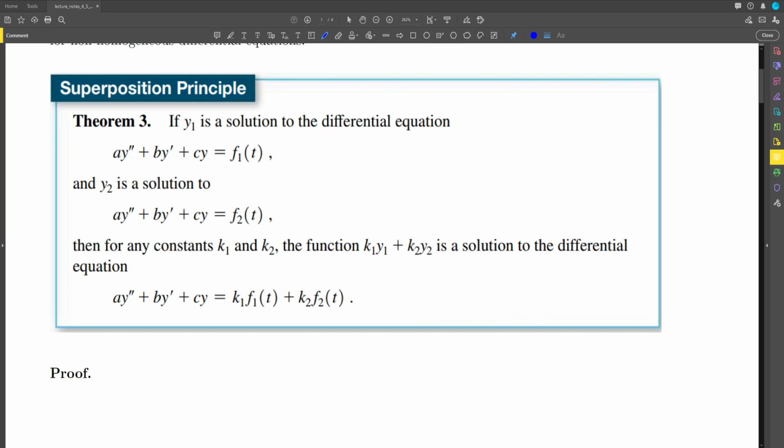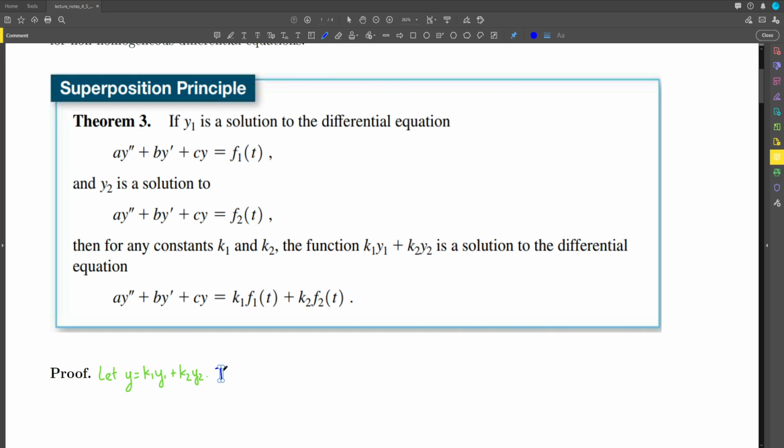So what we're going to do is let y equal k1 y1 plus k2 y2. And now what we need to show is that this is a solution to the following differential equation.